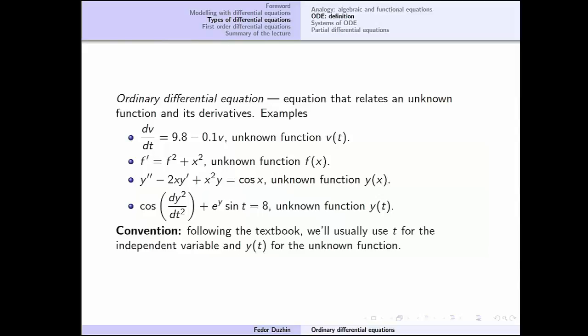Just a little convention. In the textbook, the independent variable is usually denoted t, and the dependent variable is y. So the unknown function is y of t, and I will stick to that notation. Whenever we do any exercises or in my lecture, remember that t always means the independent variable and y of t is the unknown function.